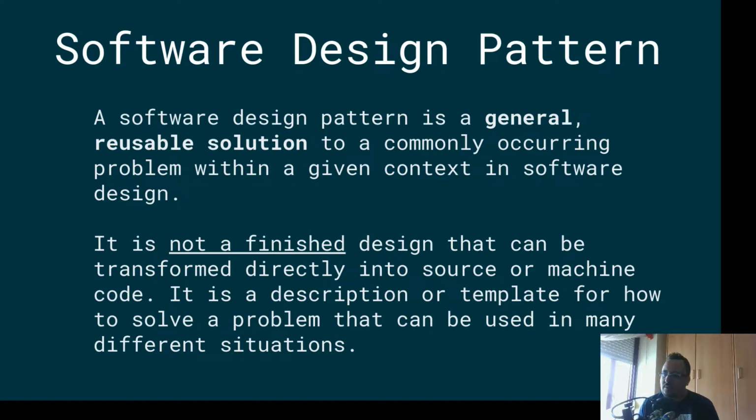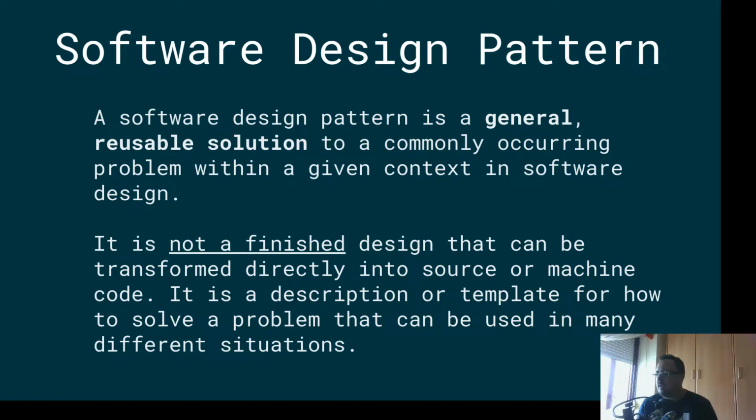What we are going to see first is what is a software design pattern. From the Wikipedia definition, it's a general reusable solution to a commonly occurring problem within a given context in software design. That means it's not a finished design that can be transformed directly into source or machine code.